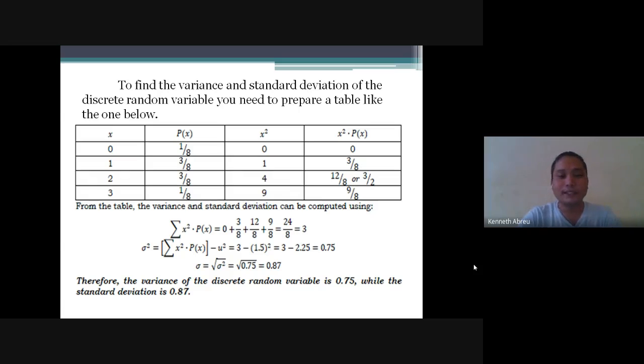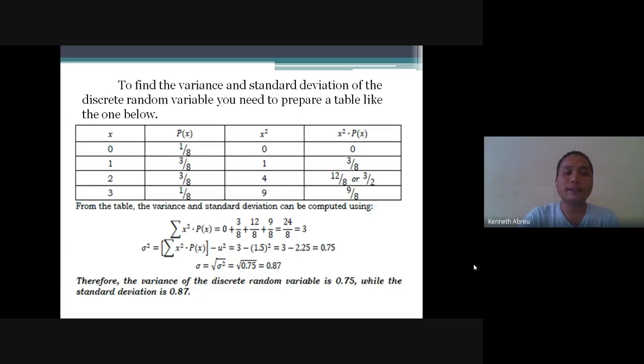So, ang gagawin lang natin para makuha si variance, i-minus lang natin yung nakuha natin doon sa summation ng X squared times probability of X na 3 doon sa squared ng ating given na mean na 1.5. Kaya siya naging 3 minus 1.5 squared, which is equivalent to 3 minus 2.25.